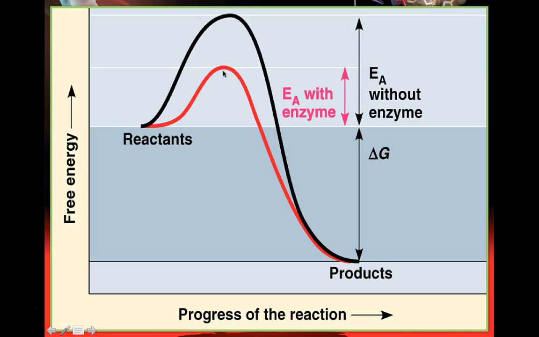The only difference is that the red line represents an enzyme that's present and the black line represents no enzyme present. So let's look at the black line first. If we look here at this black line, we'll notice that the black line and the red line are starting at the exact same reactant point.